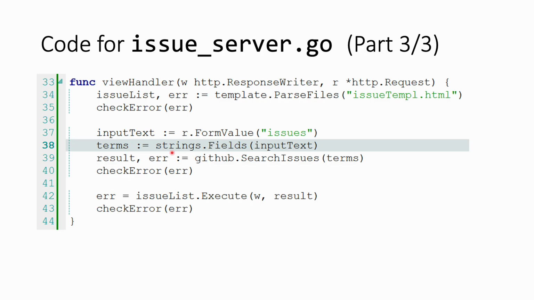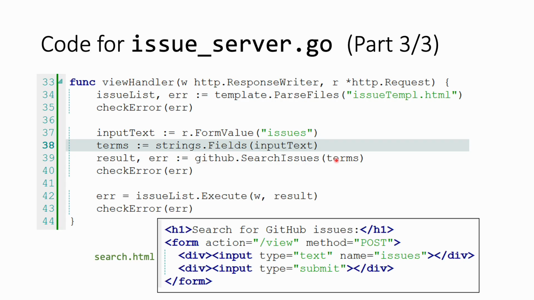The second change is that the argument to the github.SearchIssues function is not taken from the command line argument, but from the HTML form at the /search path. Recall that this HTML form has an input text box named issues, which contains the list of search terms that the user entered.